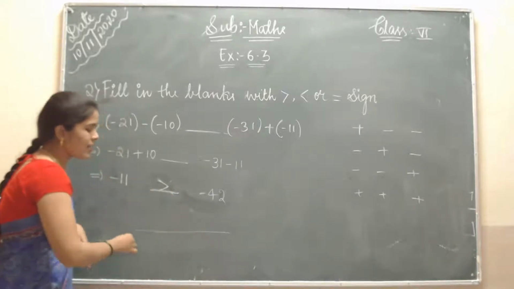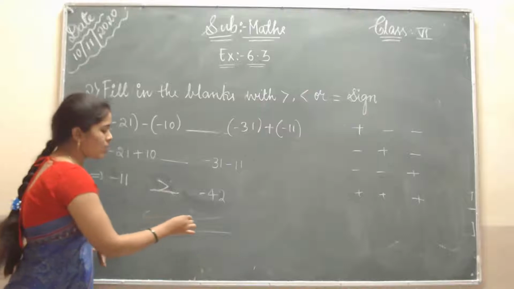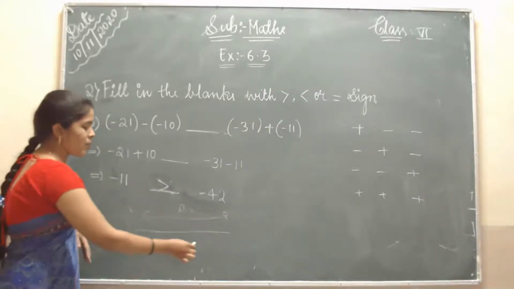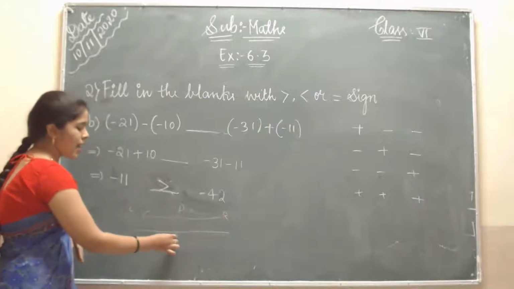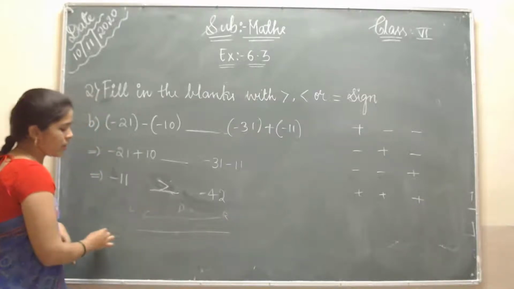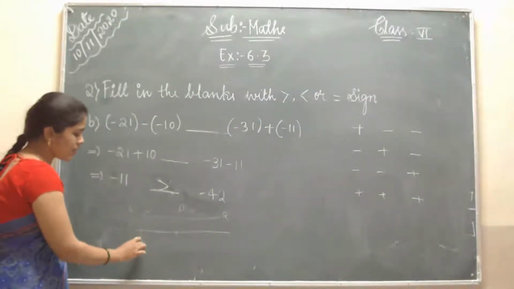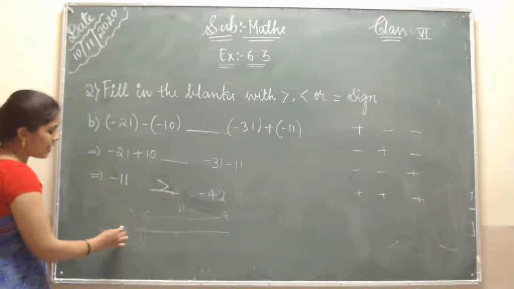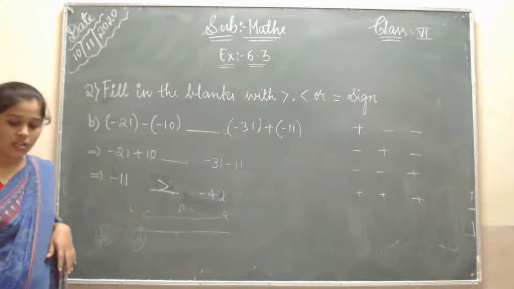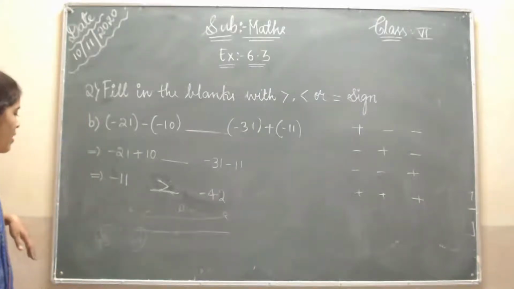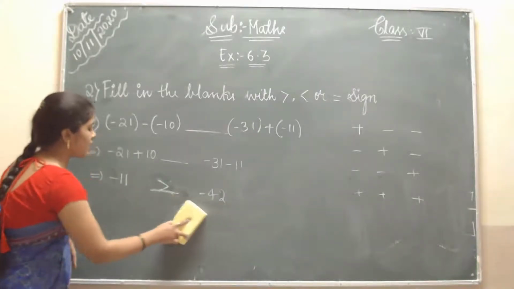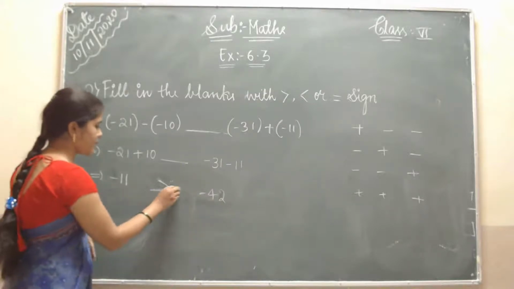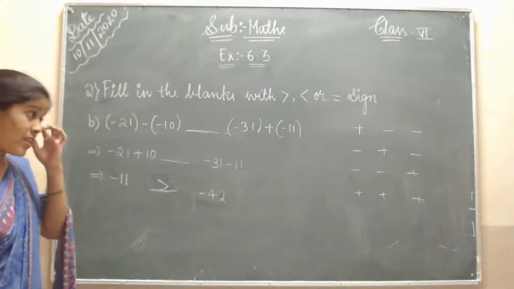See this number line: decreasing order from right to left, because here are all positive integers and 0, then all negative integers. Among negative integers, minus 11 comes first and then minus 42. So minus 11 is greater than minus 42. So this is your answer. Hope you understood this one.